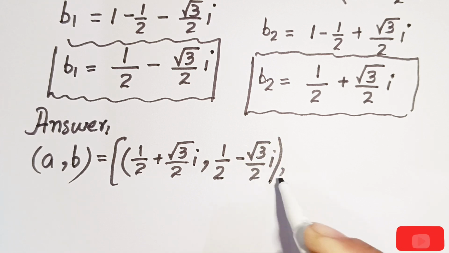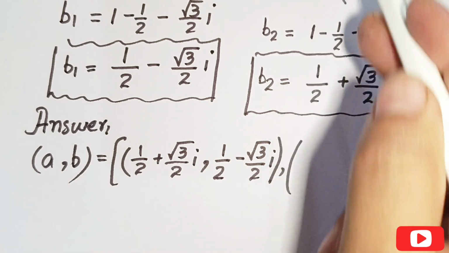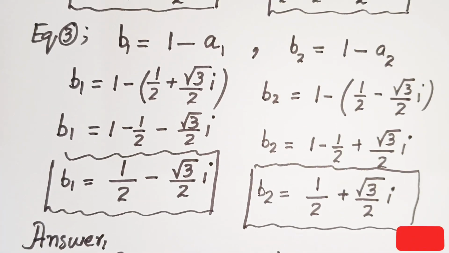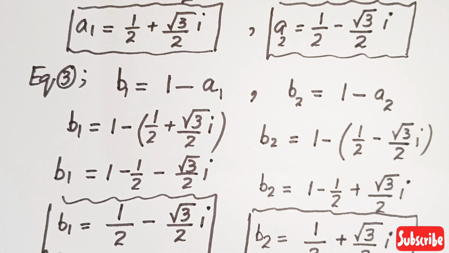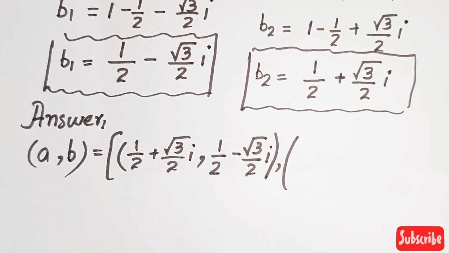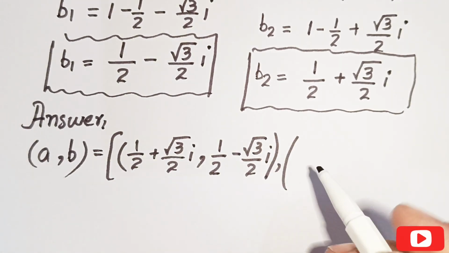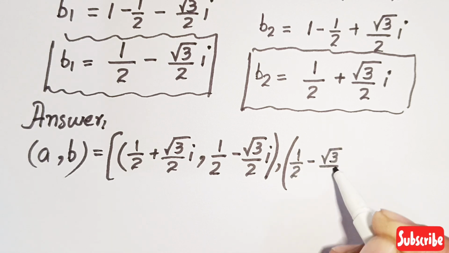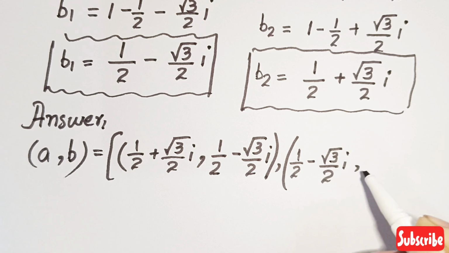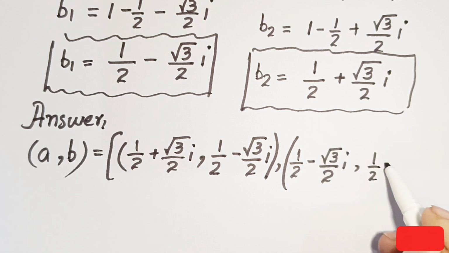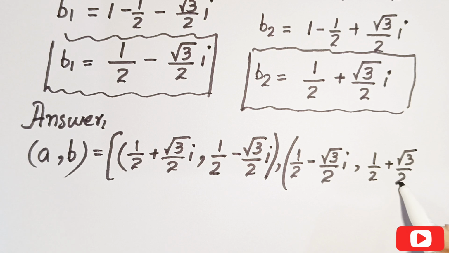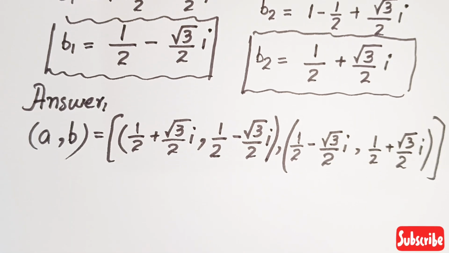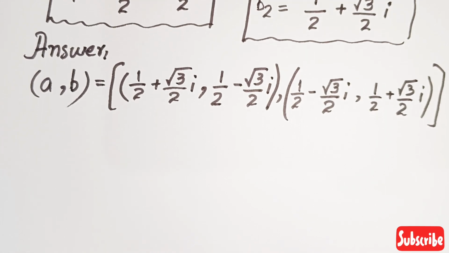It is our first pair. And our second pair is a2, that is 1 over 2 minus square root of 3 over 2 i, and b2 is 1 over 2 plus square root of 3 over 2 i. So it is our values of a and b. We have two pairs of values.